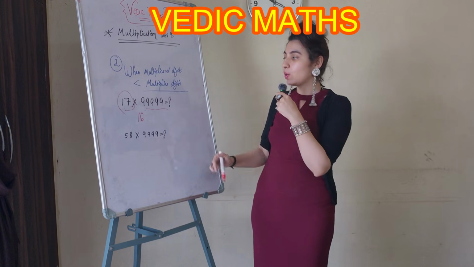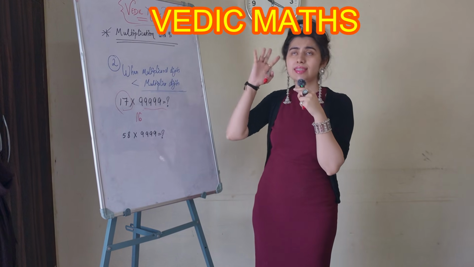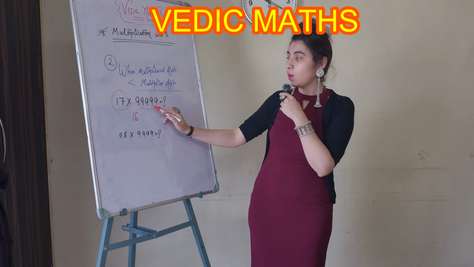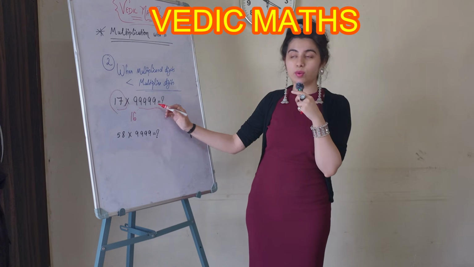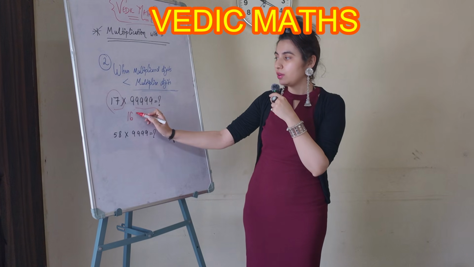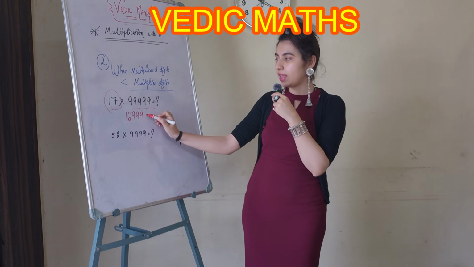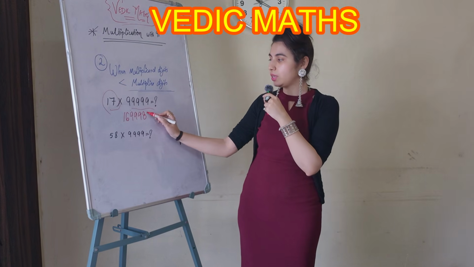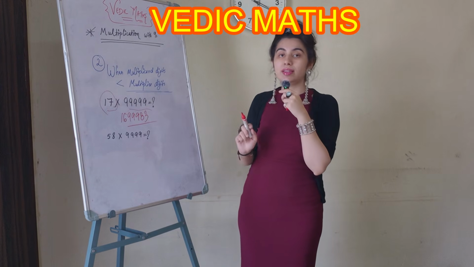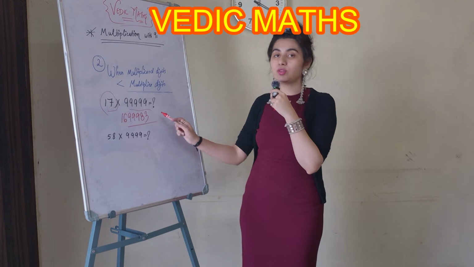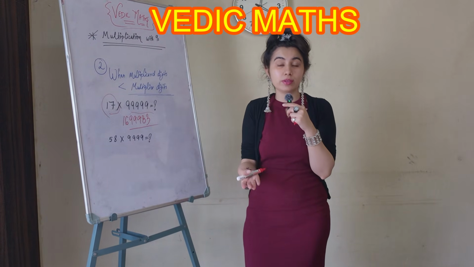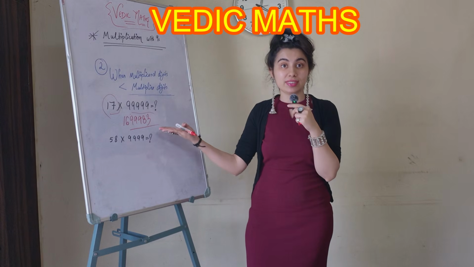Just visualize three zeros over here and then 16 written below the multiplier, because you have to subtract from that. So the answer will be 999 and 8, and then 9 minus 6 is 3. So 17 into 5 times 9, the answer is 169983.